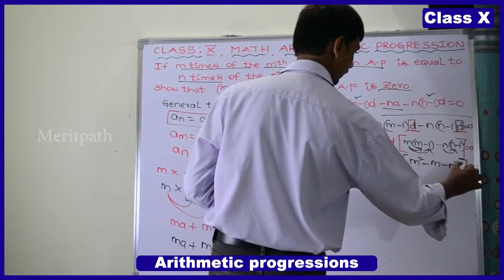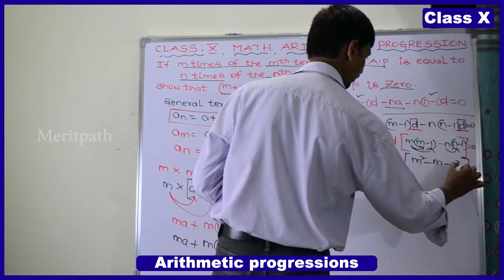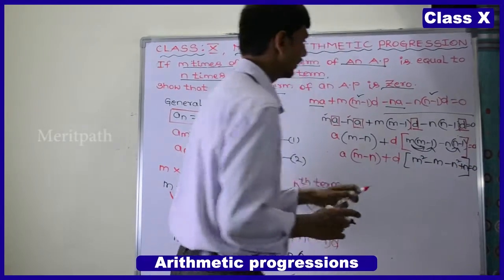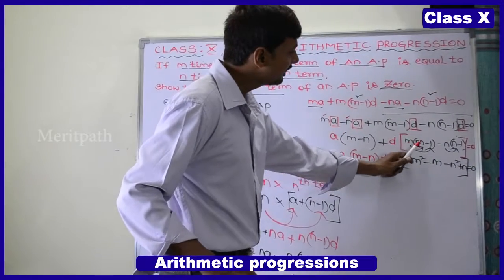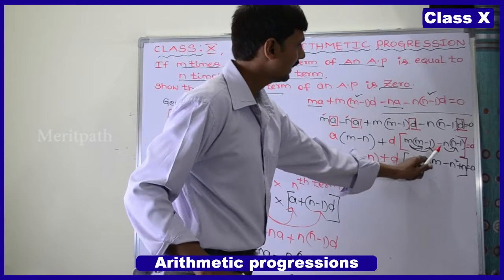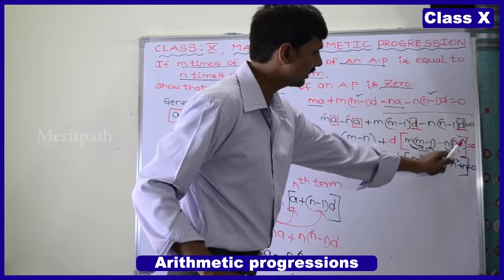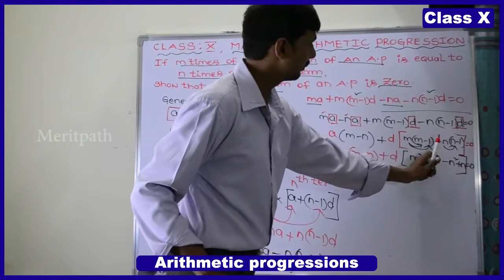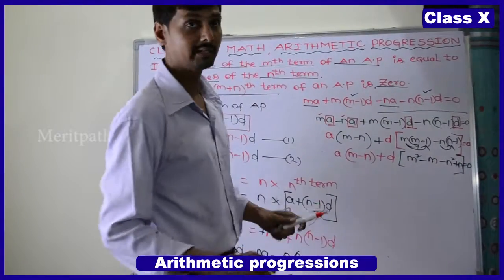Let us recall again. Here M into M minus 1 minus N into N minus 1, that is minus N into minus 1, which is plus N, because minus into minus will be plus.